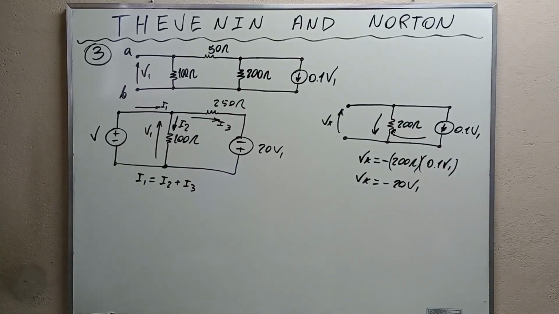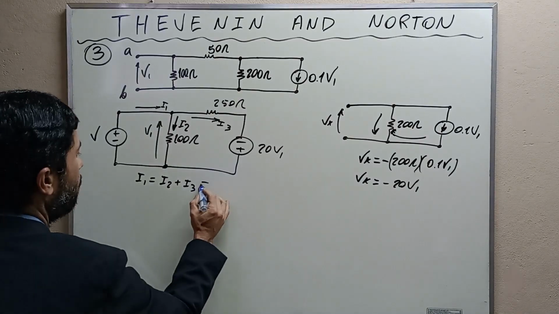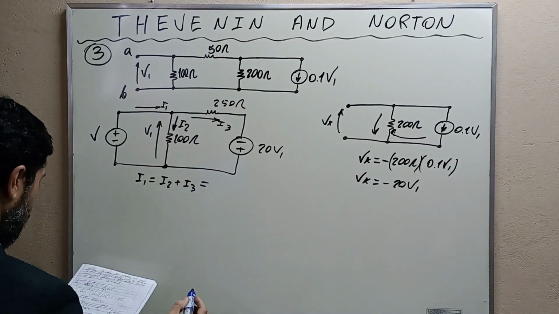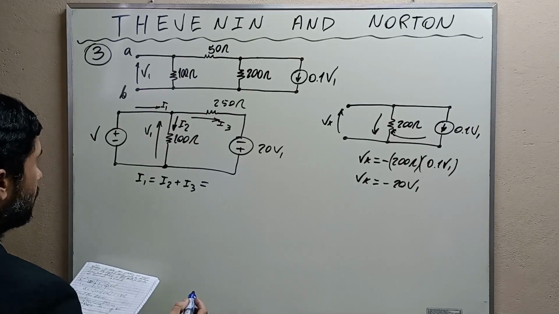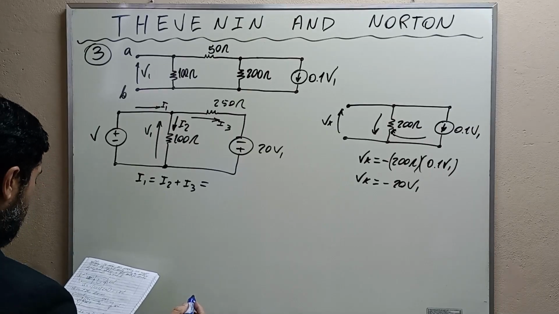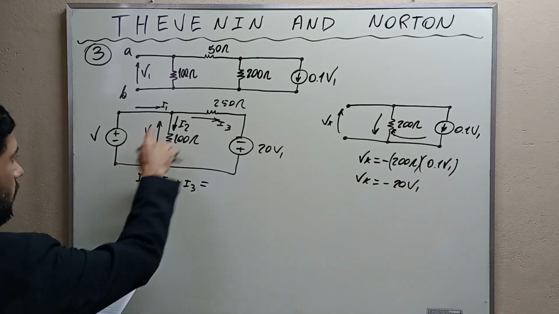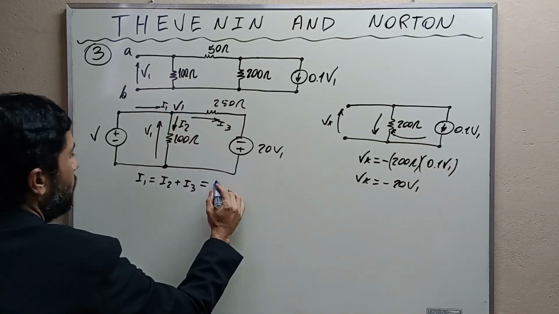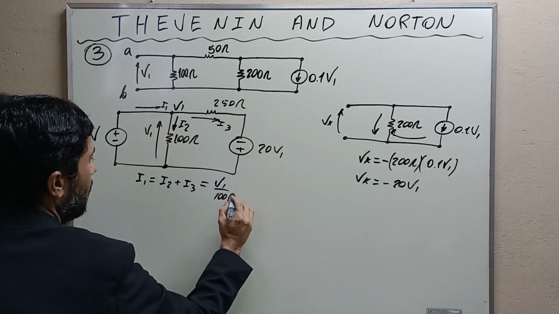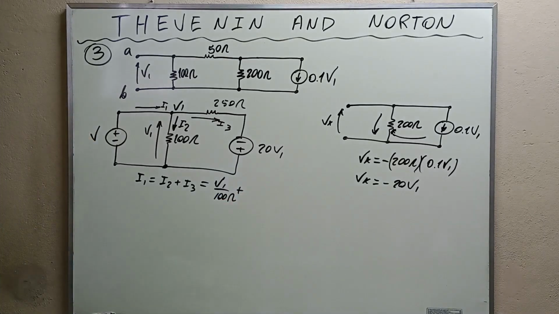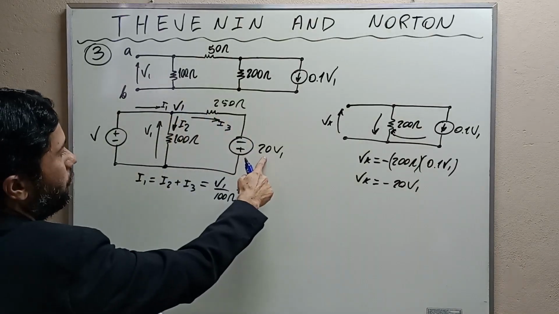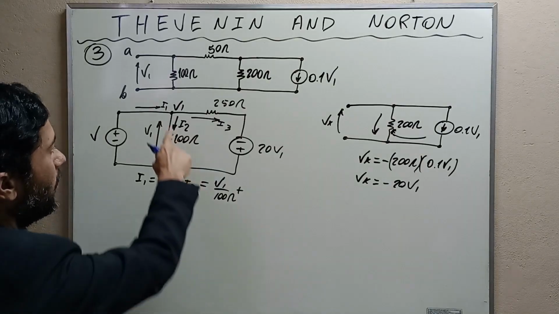And we don't know how to write I1, but we know how to write I2 and I3. I2 is equal to this voltage here, V1, okay, V1 appears here, V1 divided by 100 ohms plus V1 plus, observe that they are additive, okay?